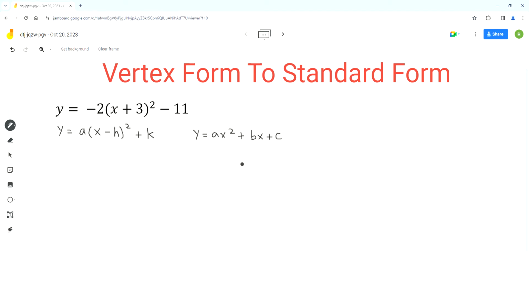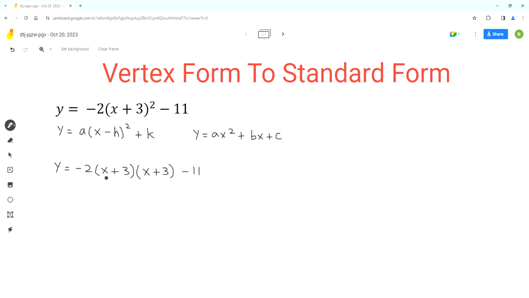So the first step in converting this vertex form to standard form is to expand the square on this parentheses, and we do that by writing the expression in the parentheses twice. So we write it as -2(x + 3)(x + 3), and then -11 at the end.